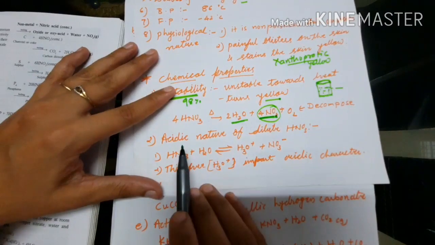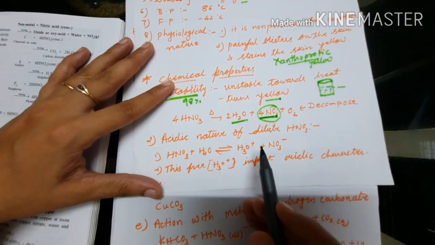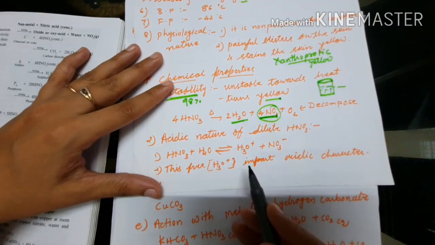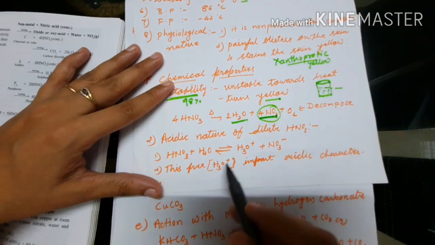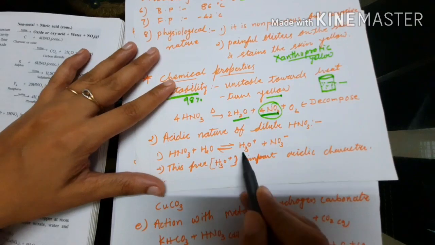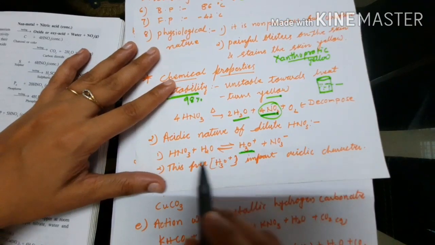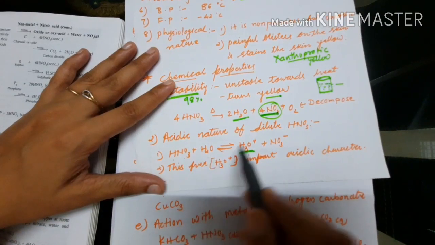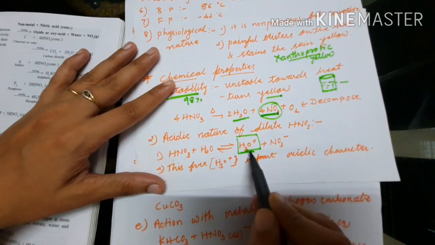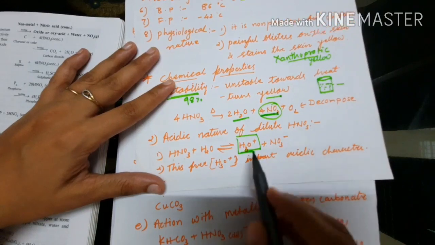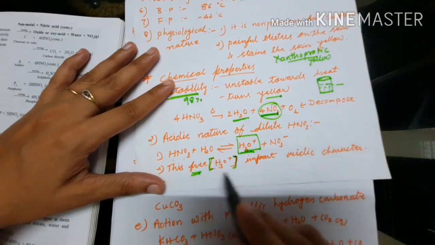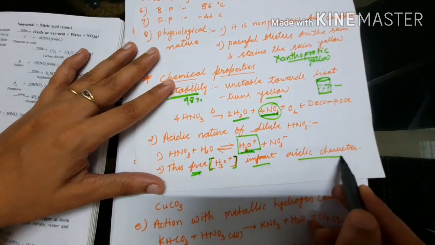Now the next one, that is acidic in nature. As you know, if any acid is dissolved into water, it converts into the hydronium ion. The same thing happens with HNO3. When HNO3 dissolves into the water, it converts into this hydronium ion, and free hydronium ion imparts acidic character.